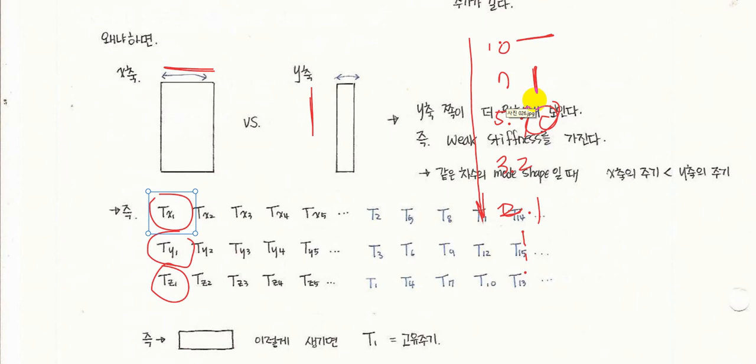But we can imagine in general how the numbers are summarized, how the numbers are listed.